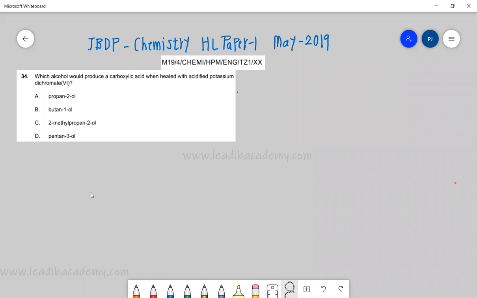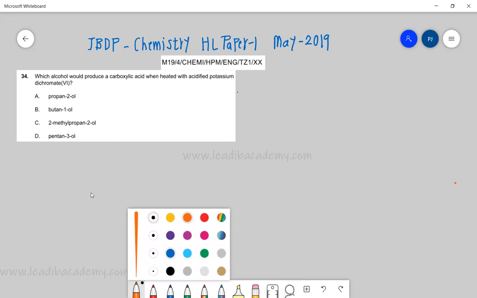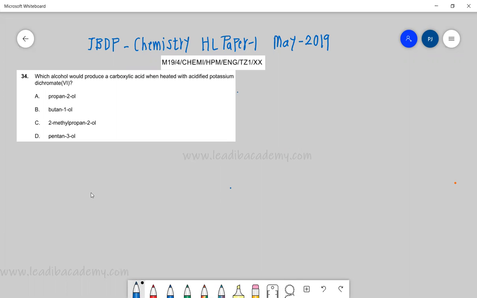Okay, another interesting question from organic chemistry. Question number 34. Which alcohol would produce a carboxylic acid when heated with acidified potassium dichromate? So what we are talking about? Very, very simple. What is the concept which you need to remember?